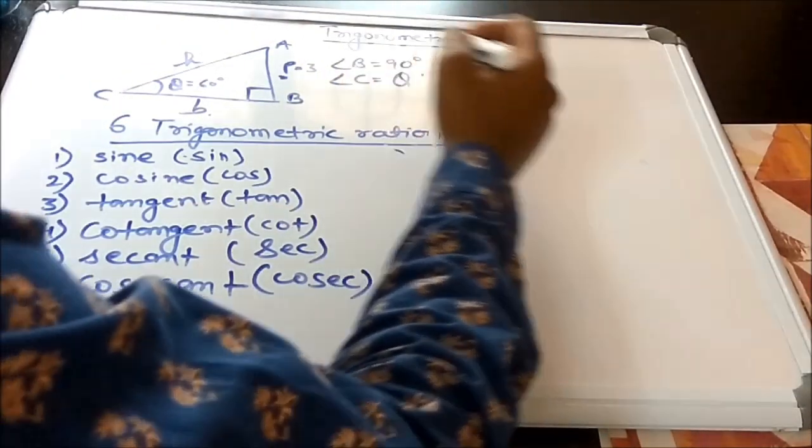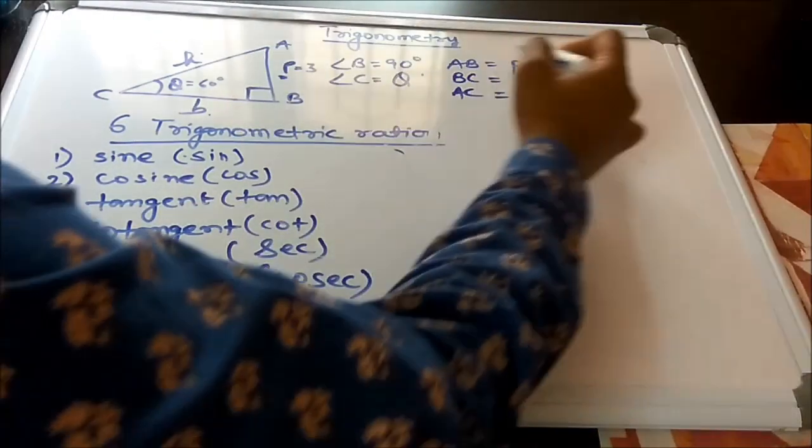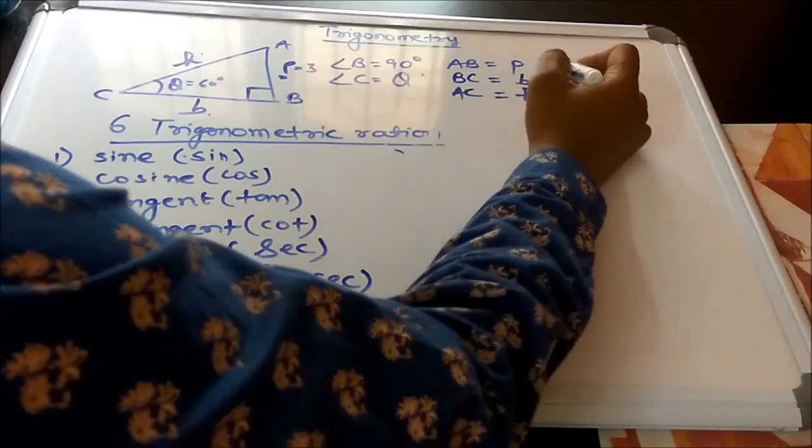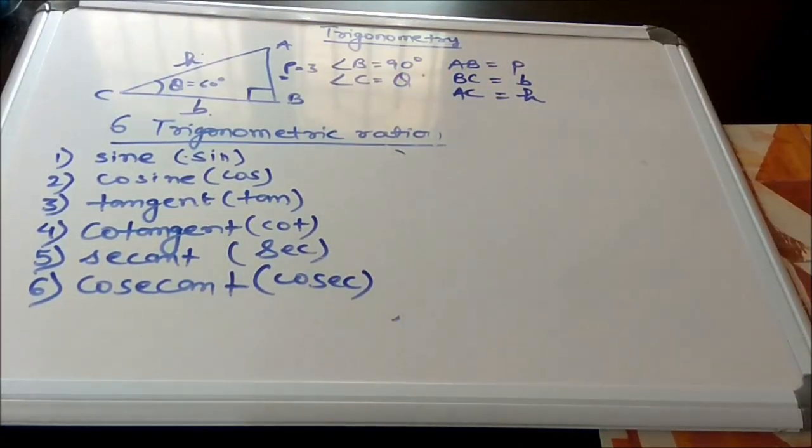In this triangle, I told you that there is a specific reason for which I have named side AB as P, side BC as B, and side AC as H. You all would be aware of the Pythagoras theorem, where the sum of the squares of base and perpendicular of a right angle triangle is equal to the square of the hypotenuse.